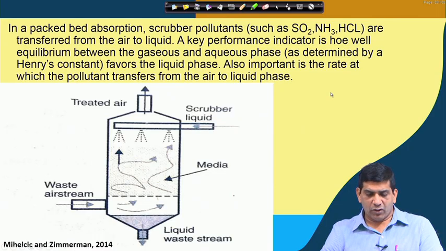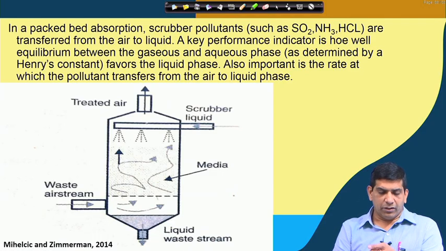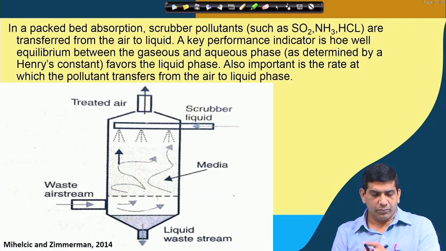In packed bed absorption, a scrubber, pollutants are transferred from air to the liquid. The key performance indicator is how well the equilibrium between the gaseous and the aqueous phase favors the liquid phase. Also important is the rate at which the pollutant transfers from air to the liquid phase.